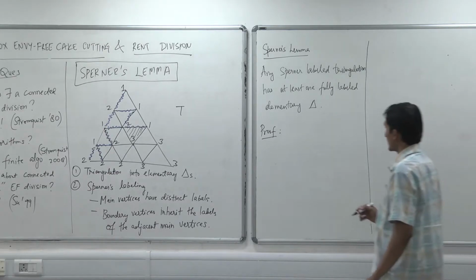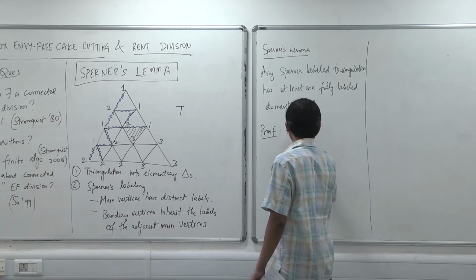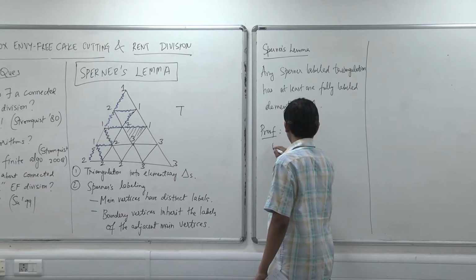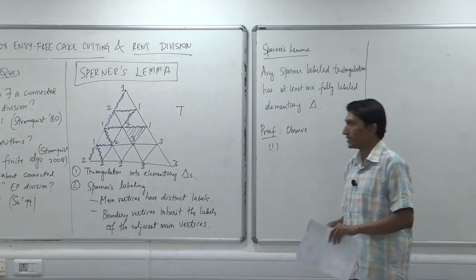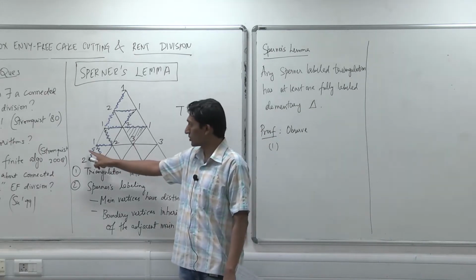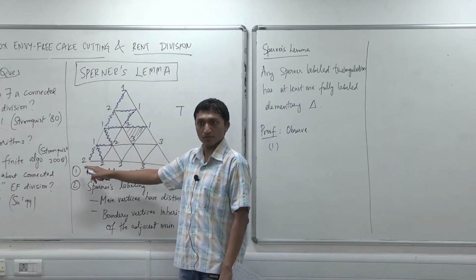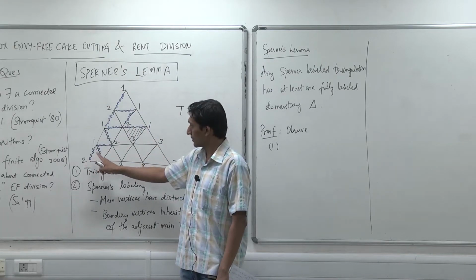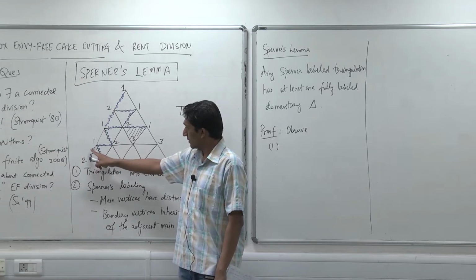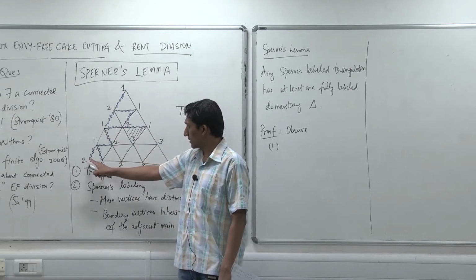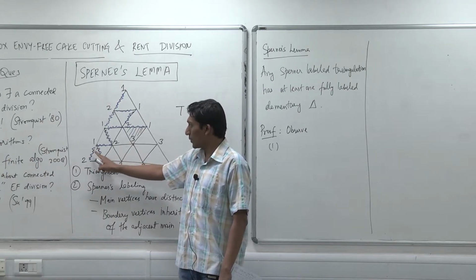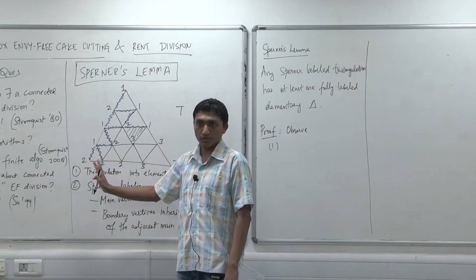So a couple of observations to start with. The first observation is about the doors on the boundary edge. Look at this boundary edge here, the 1-2 edge. I claim that there's always an odd number of doors on the boundary.